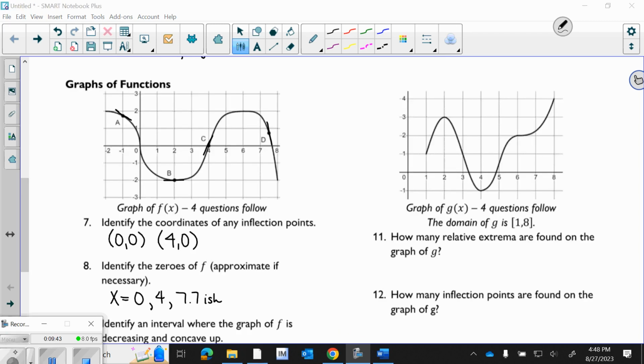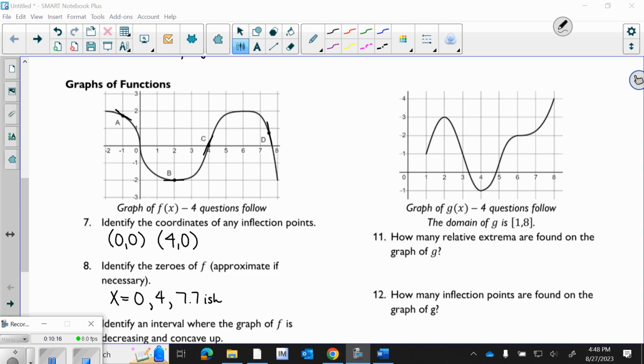Now let's come over to our second graph, and we'll answer questions 11 through 14. How many relative extrema are found on the graph of G? Now I do want to clarify this. According to the College Board, and the way that they are going to test you on this AP exam, they count every max, min, or endpoint as a relative or local extrema. And then out of those, they choose the absolutes.